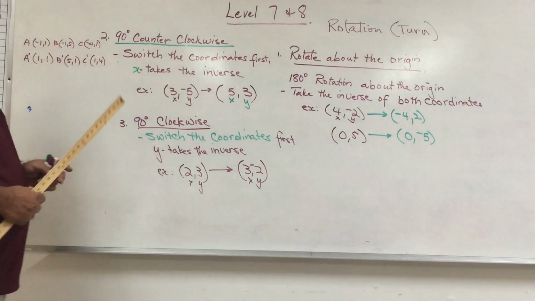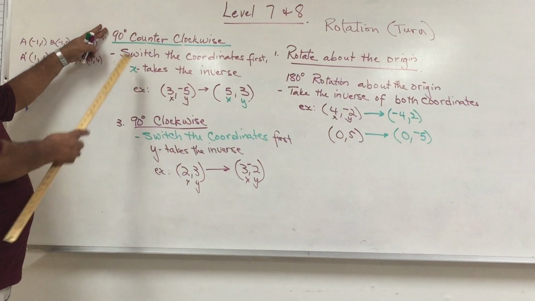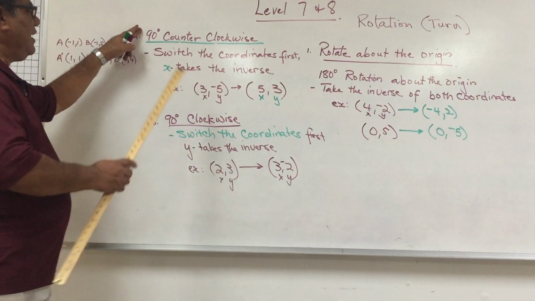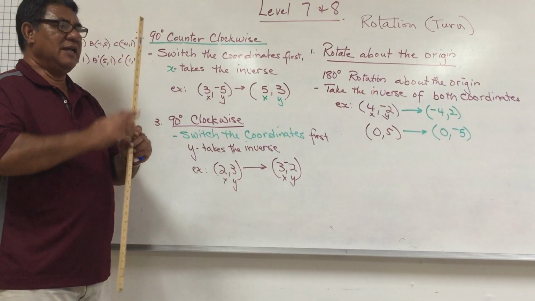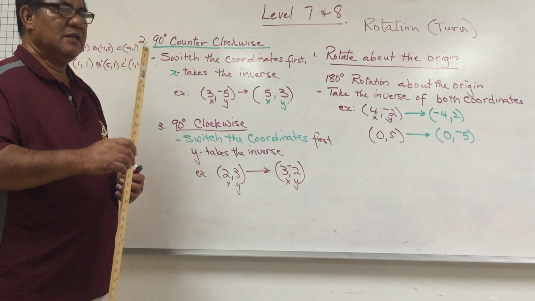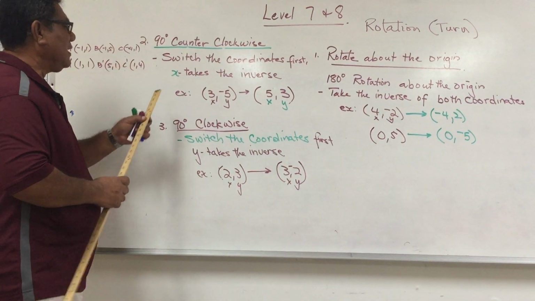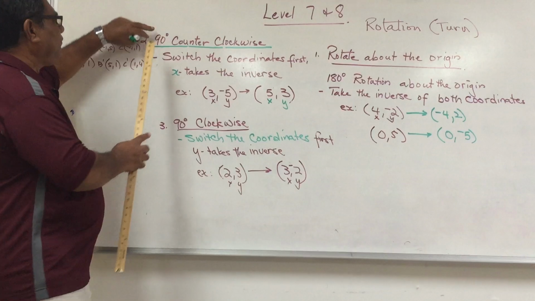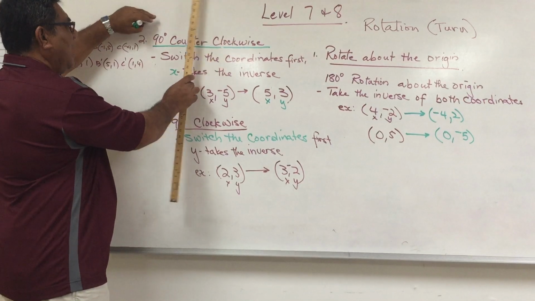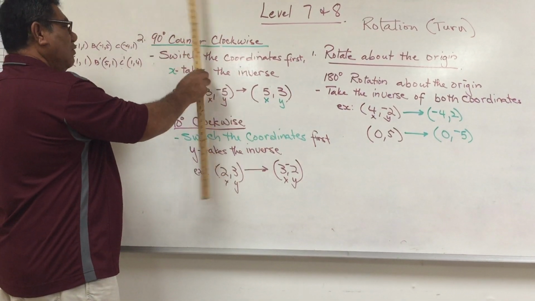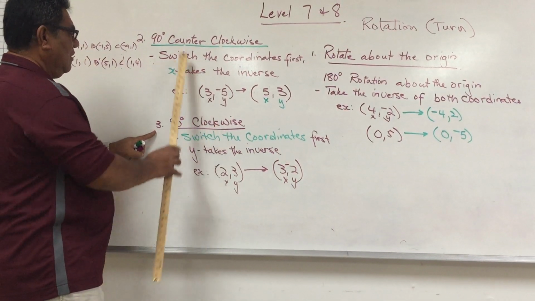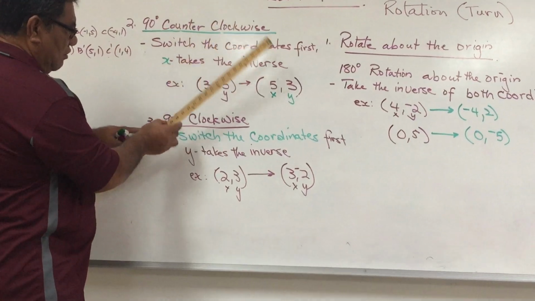Now a 90 degrees counterclockwise rotation. You know what 90 degrees is, it has to do with a right triangle, complementary angles. A 90 degrees clockwise rotation goes with the clock.